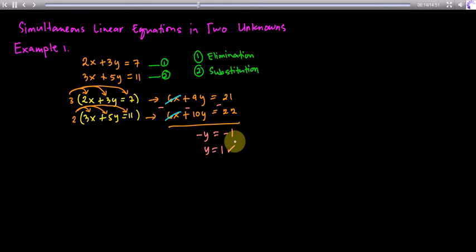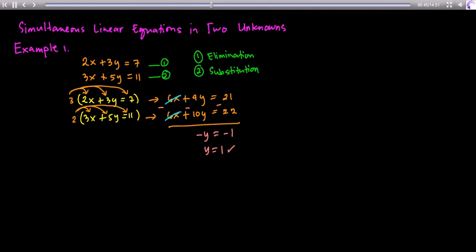Now, since we're done solving for y, we could go to the original given, 2x plus 3y equals 7, or the other one, and substitute the value of y, because we already know y is equal to 1. I will choose the first equation, because that would be easy for me.